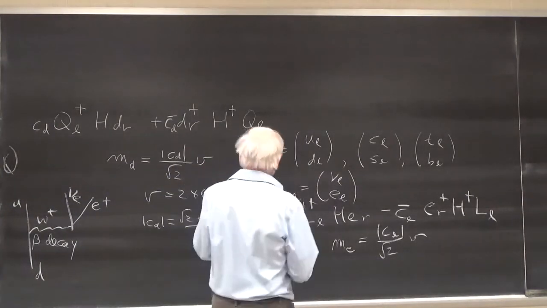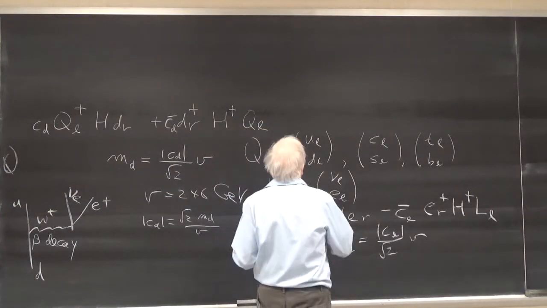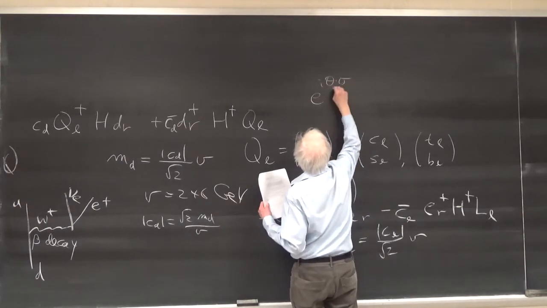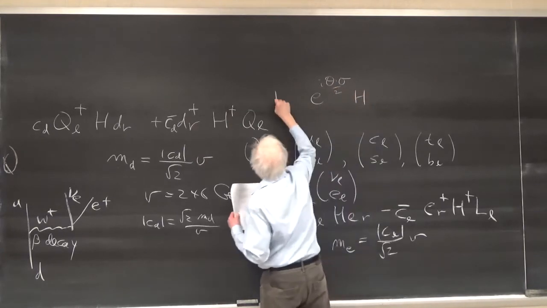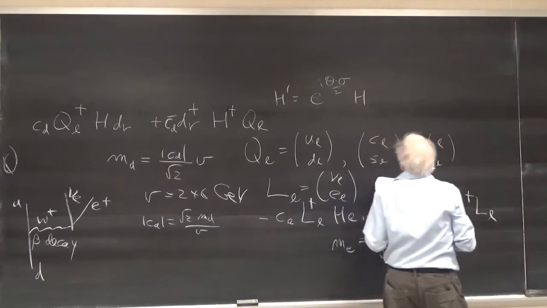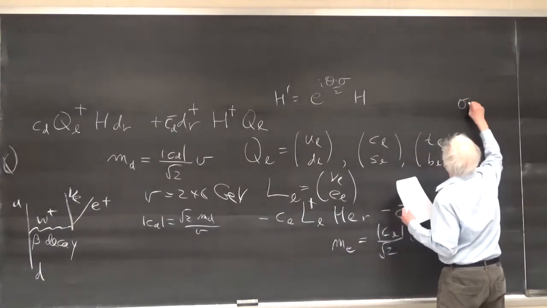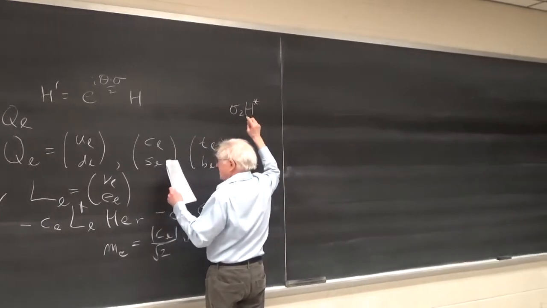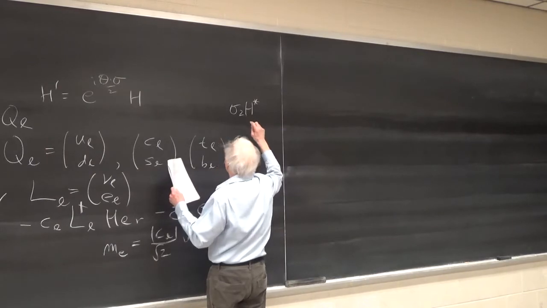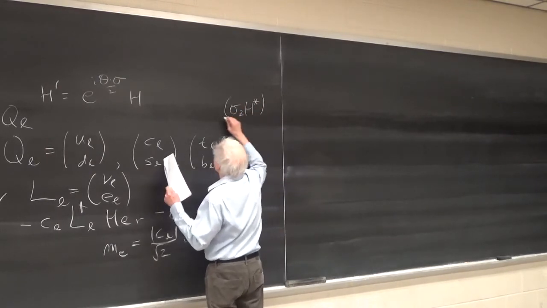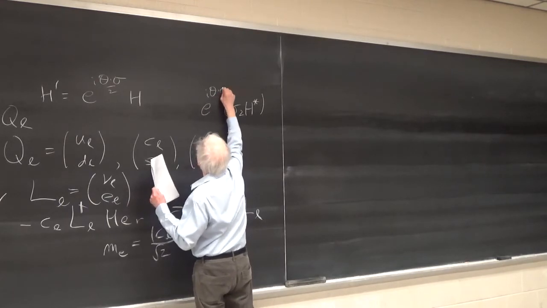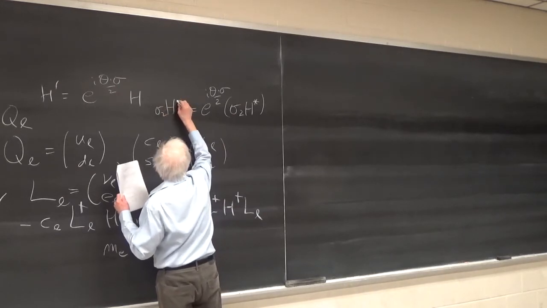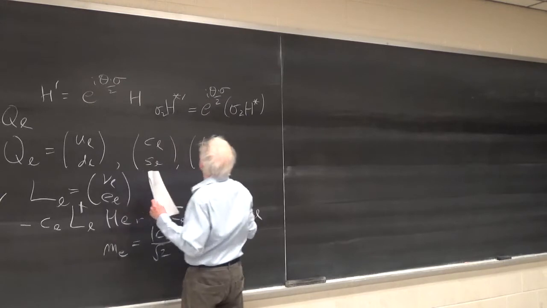Okay, as I said last time though, for top quarks things are a little bit different. If you have H going to H prime under e to the I theta dot sigma over 2, then sigma 2 H star, let me get this right now, sigma 2 H star goes to e to the I theta dot sigma over 2 times sigma 2 H star prime.